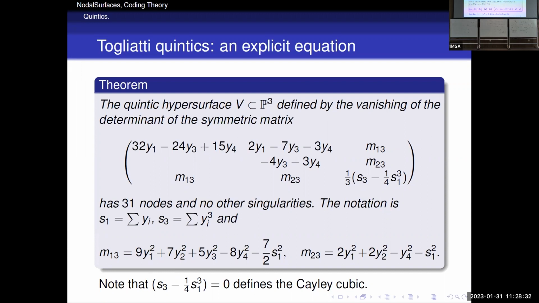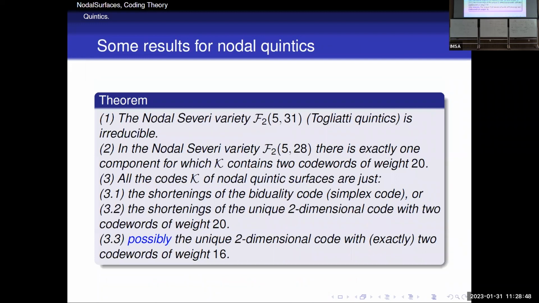So this is the most beautiful explicit equation of a quintic with 31 nodes obtained from the Togliatti method, which I verified, the assumption. And the result for nodal quintics is that the Togliatti family of quintics with 31 nodes is an irreducible family.